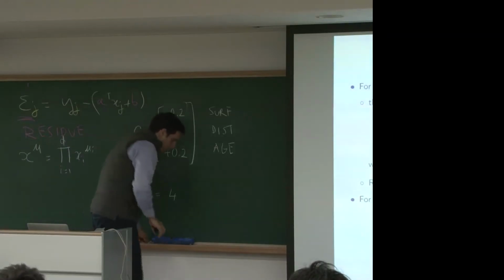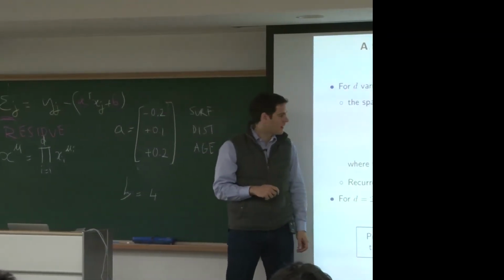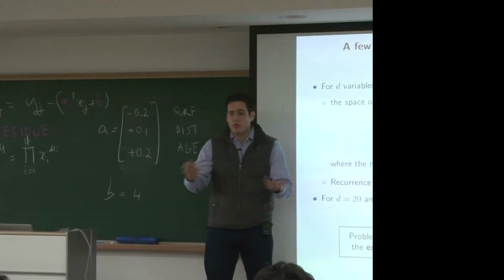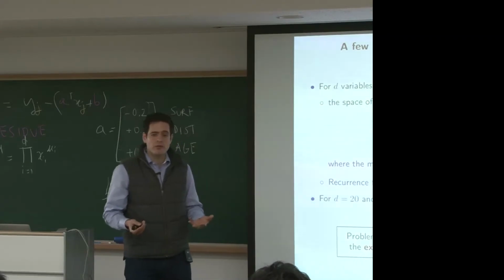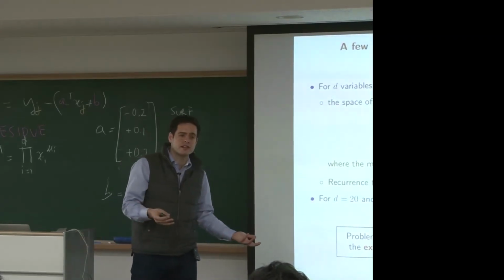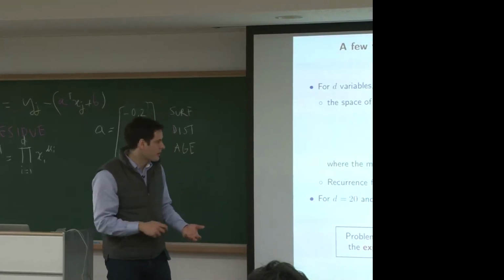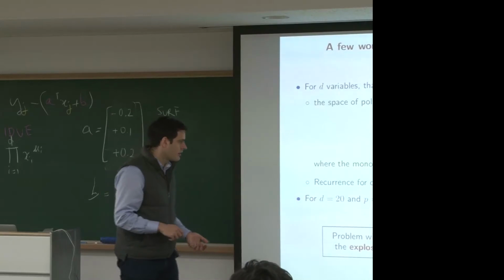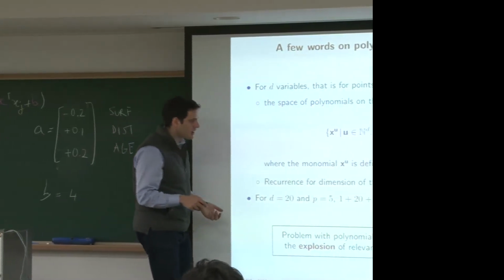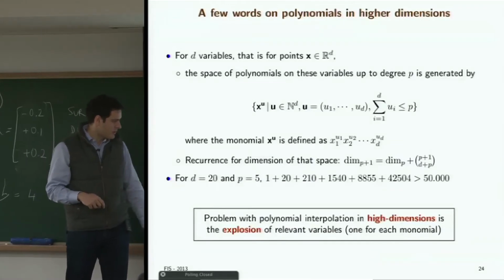Okay. So with a vector u of weights and a vector x^u, you have basically all the possible combinations of variables. What is the problem if you do that? If you add in your analysis a higher order polynomial regression with d variables?